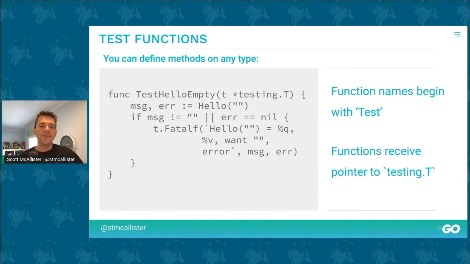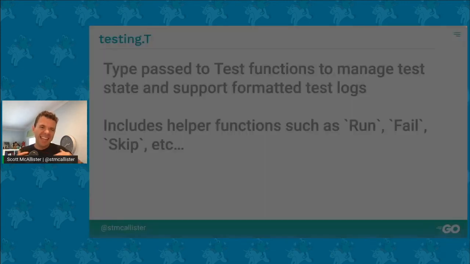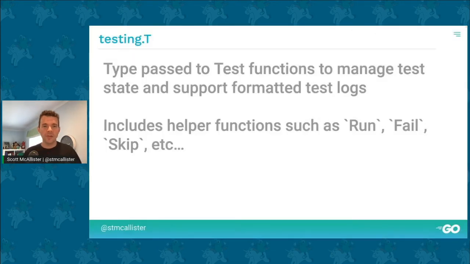This is a utility that allows for working with various testing abilities. And the idea with testing.t is it can call things like run or fail or skip and a variety of other functions. The one I want you to keep in mind for later on in our conversation today is that run function.